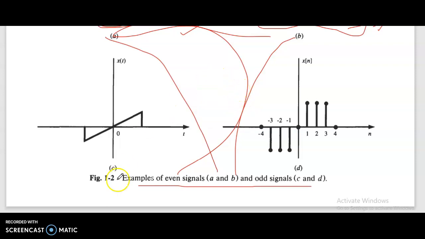Here in odd signals, time t is on the x-axis and x of t is on the y-axis.